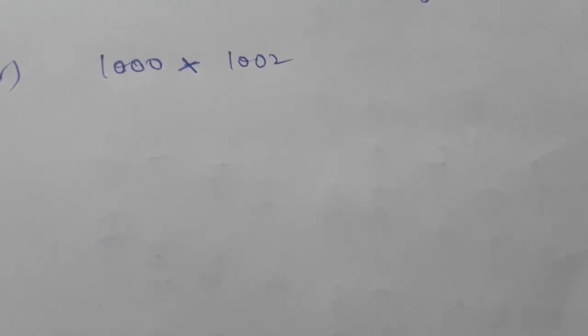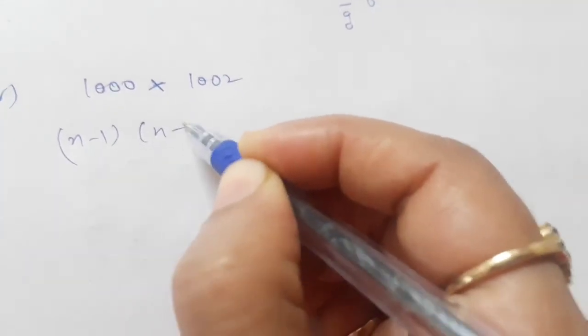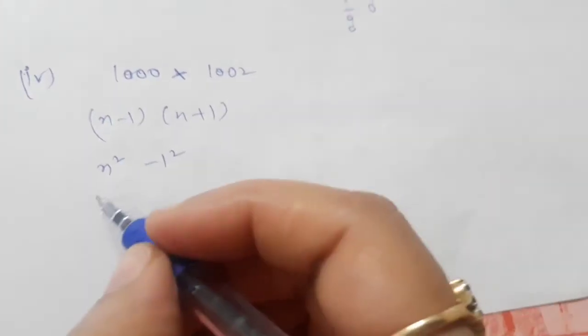Now come to the fourth part. In the fourth part we have to find out the product of 1000 into 1002. So same process will be followed here also. Just n minus 1, n plus 1, that is n square minus 1 square.